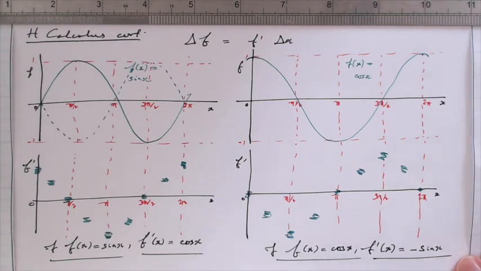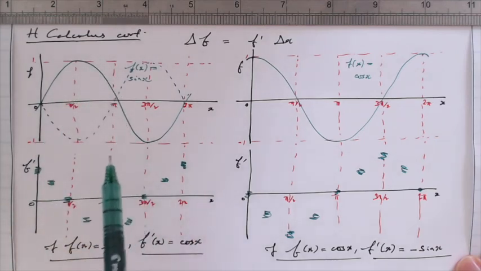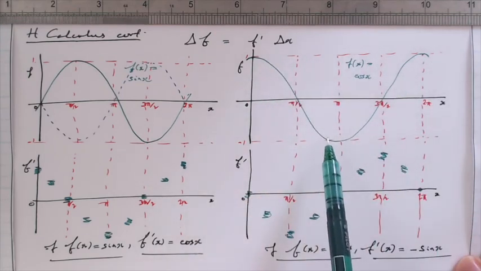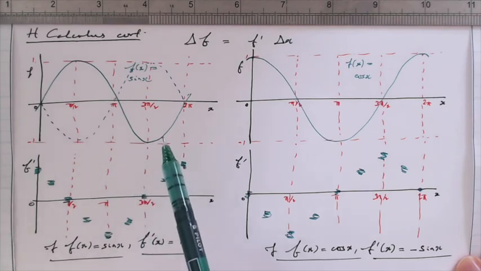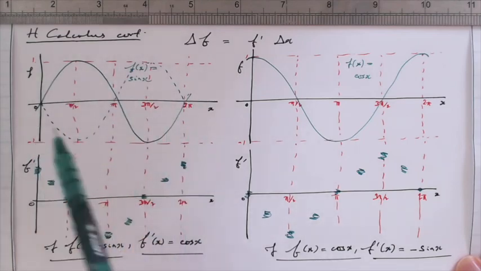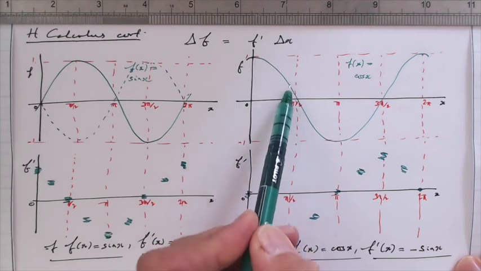The thing to take from it is the beauty and the simplicity of this result, that the sine curve has a derivative which is the cosine curve. Namely, this cosine curve is actually the derivative of this sine curve. So for any x, the slope of the tangent to the curve sine x is given by the cosine of x.